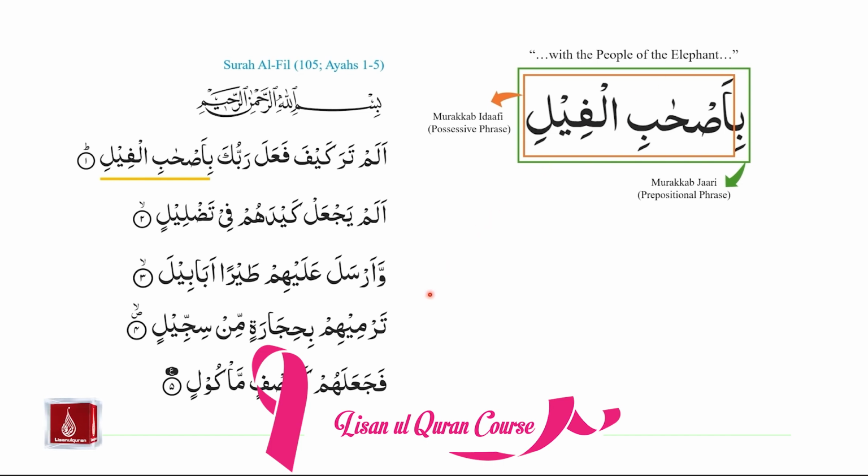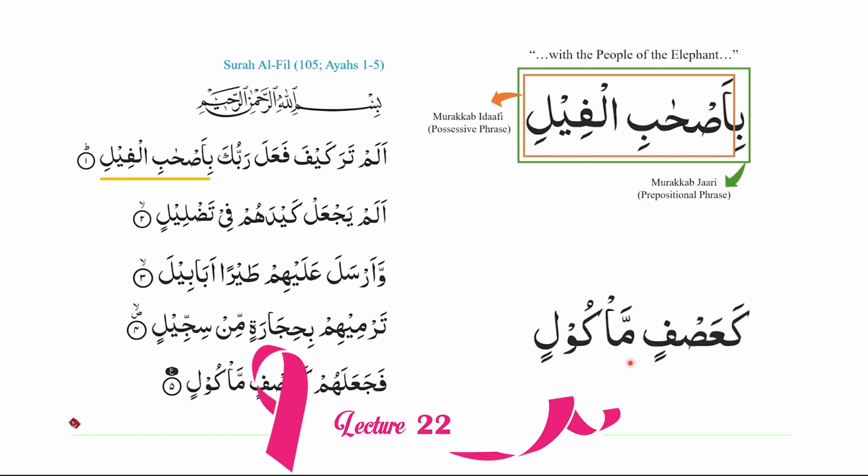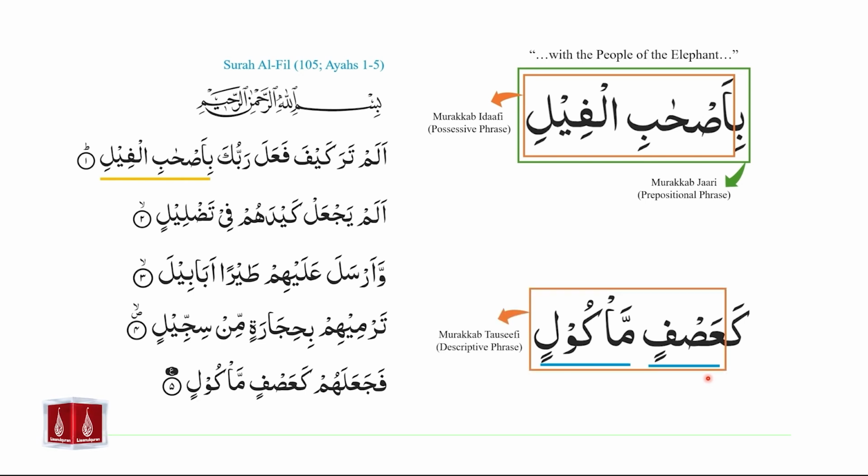Now, if we look at the last ayah and we focus at the end, we have ka'asfim ma'kulin. If we focus on asfin and ma'kulin, we can see that they are equal in number, gender, status, and capacity. And immediately that should alert us to this being a murakkab-e-tawsifi or descriptive phrase.